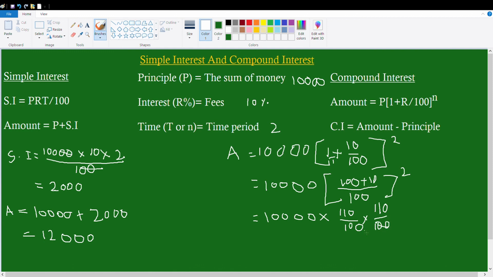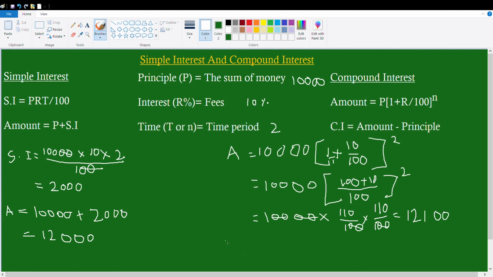You can cancel these two zeros and these two zeros. This also gets cancelled. So the remaining numbers are 110 into 110. We know 11 11s are 121 and 2 zeros. So amount is 12,100 rupees.